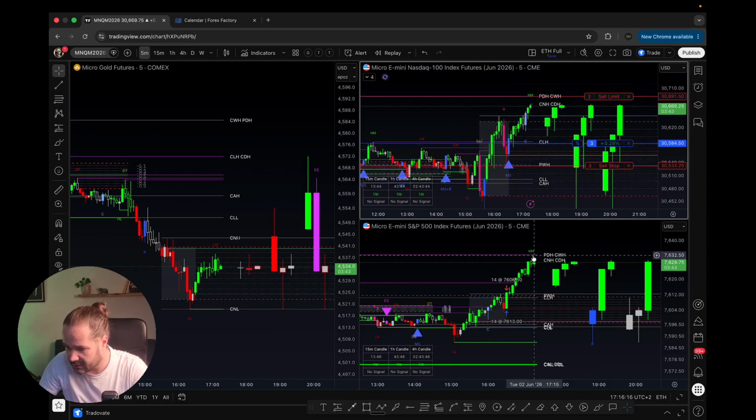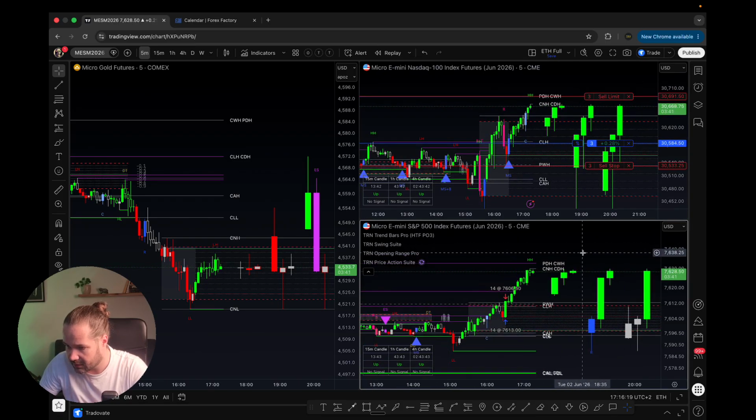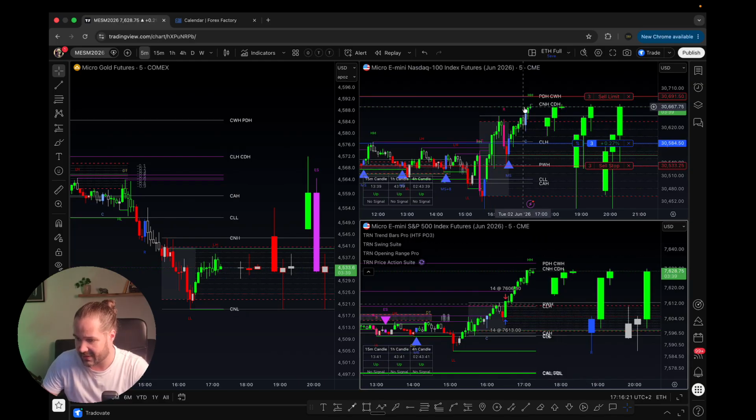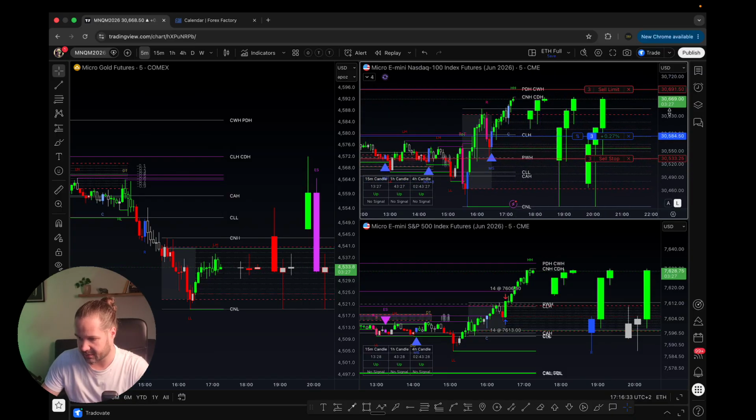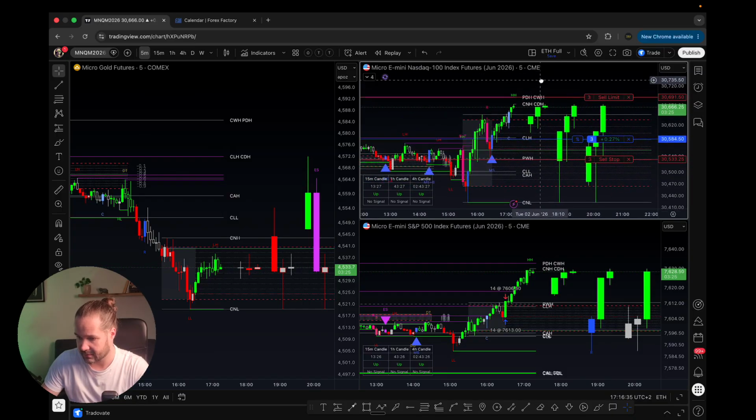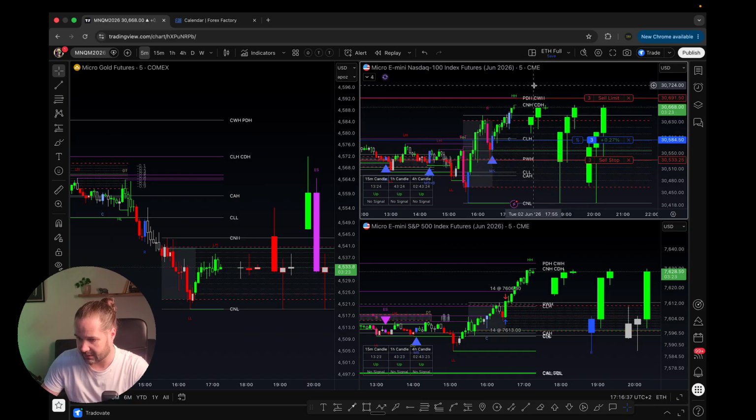ES is very close to the previous day high as well. So maybe we will grab the liquidity simultaneously here. We are staying above the opening range high, which is really great. It should be just a matter of time now. So let's see.